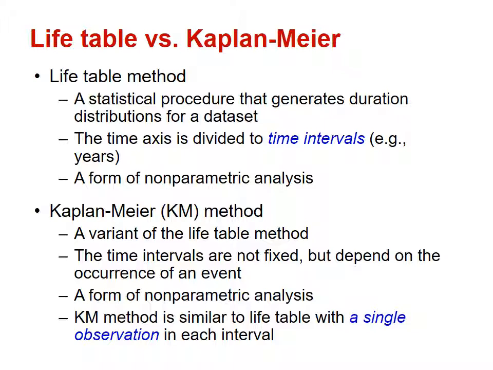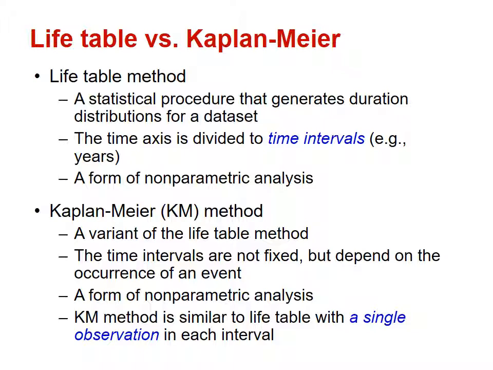So, what is the difference between life table and Kaplan-Meier methods? Both are a form of non-parametric analysis to look at the survival times within your study. The life table method generates duration distributions for a data set and time is divided into time intervals.